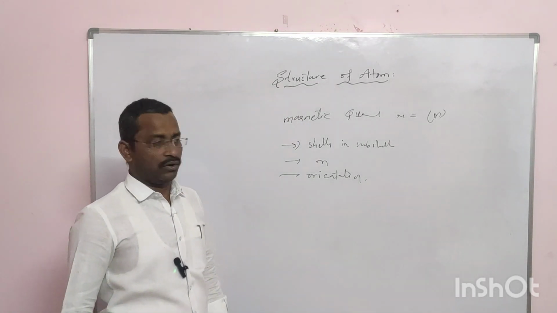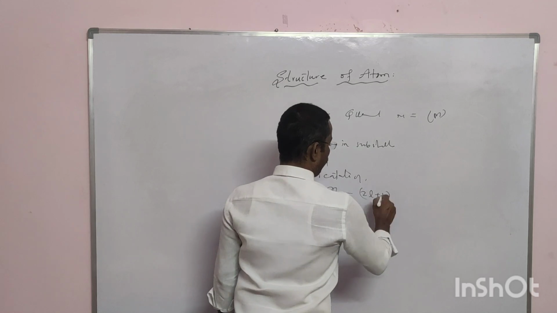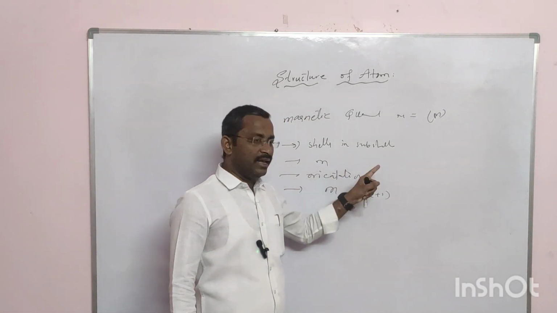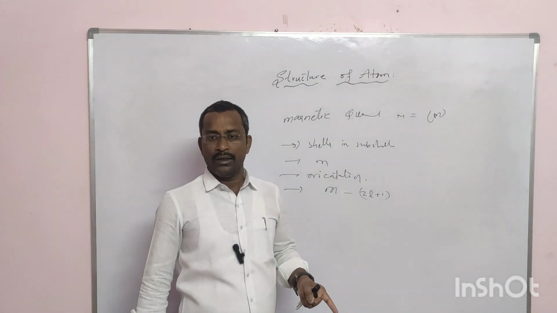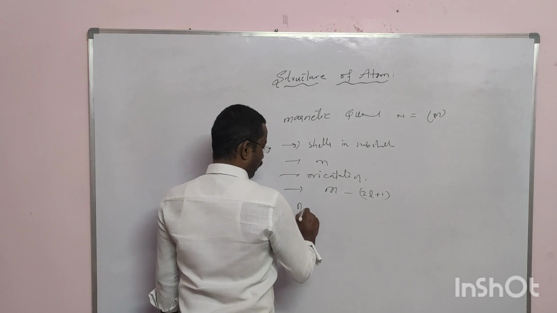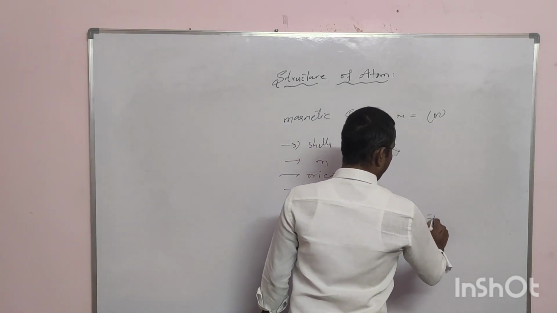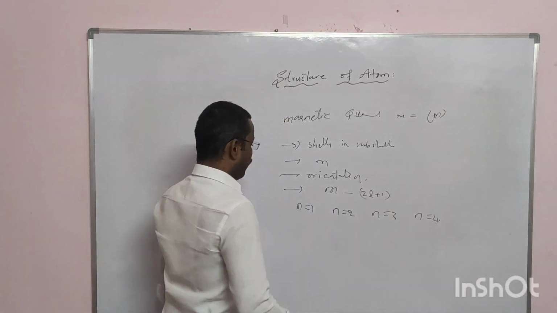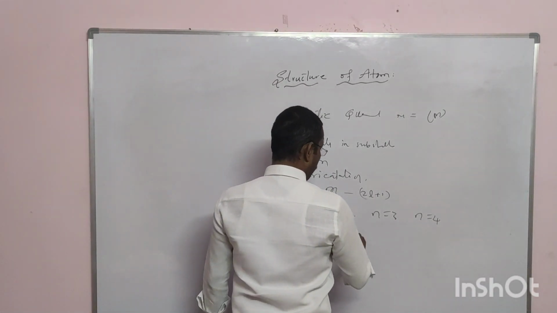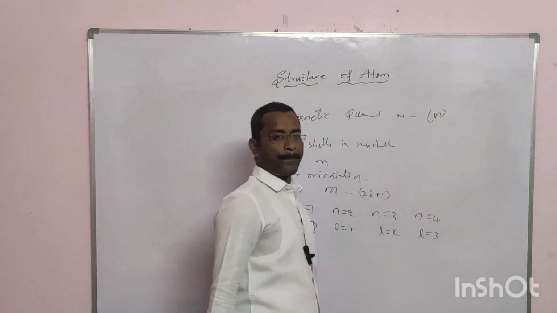The maximum value of M is 2L plus 1. L depends on N, and M depends on L. As we know, N is equal to 1, 2, 3, 4, and L values are 0, 1, 2, 3.